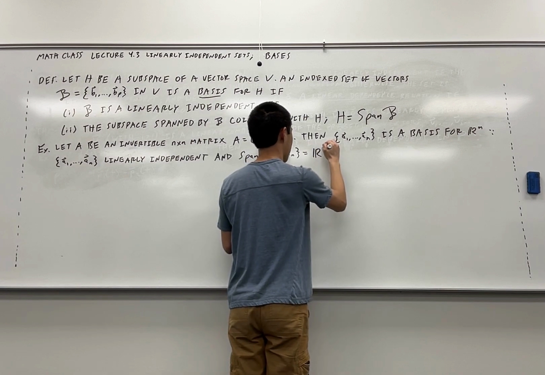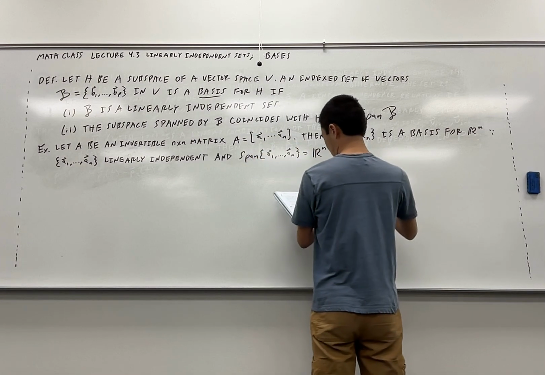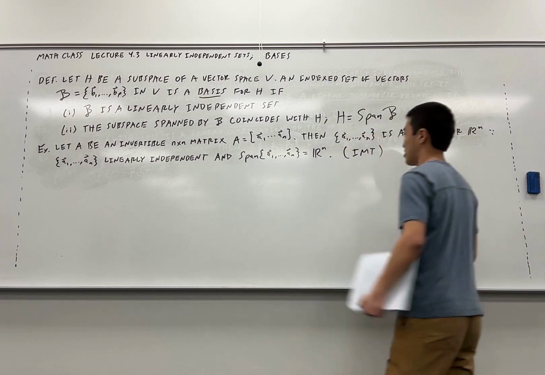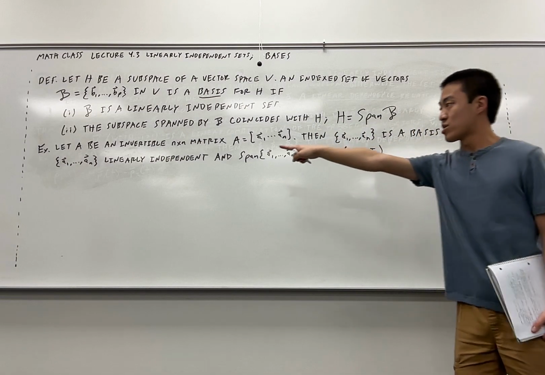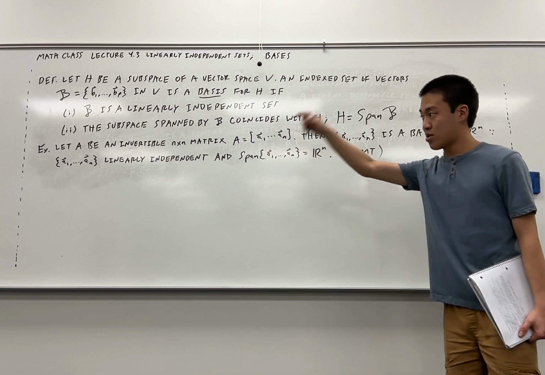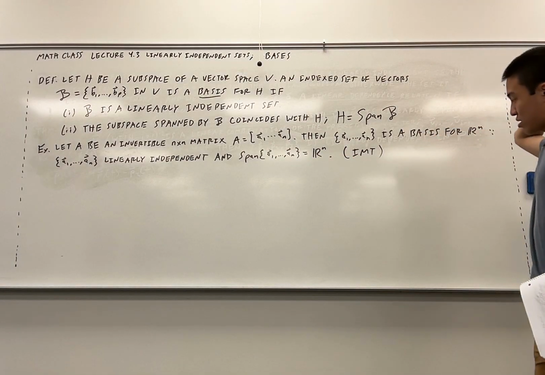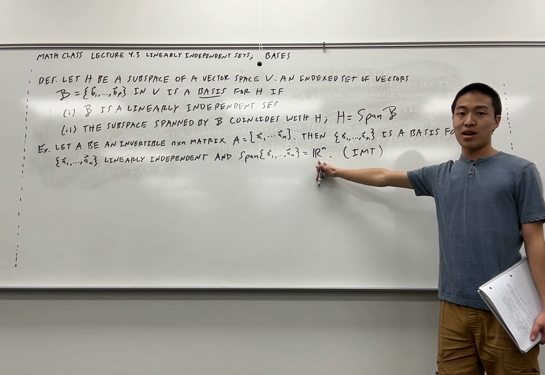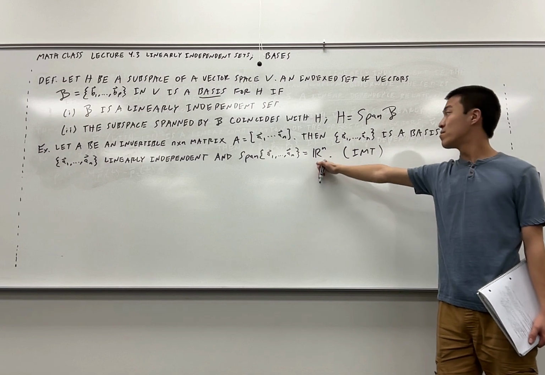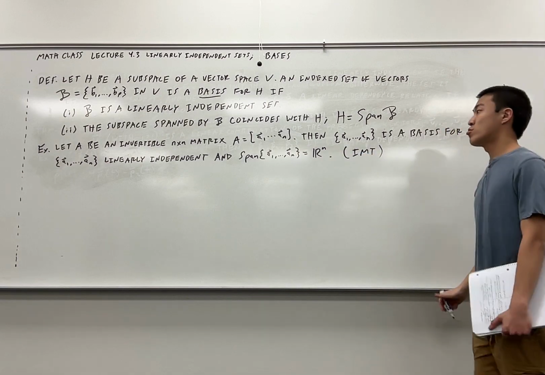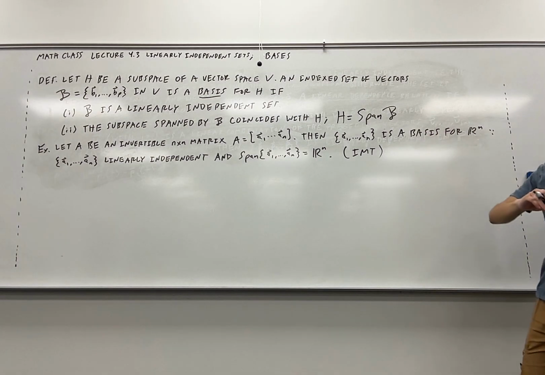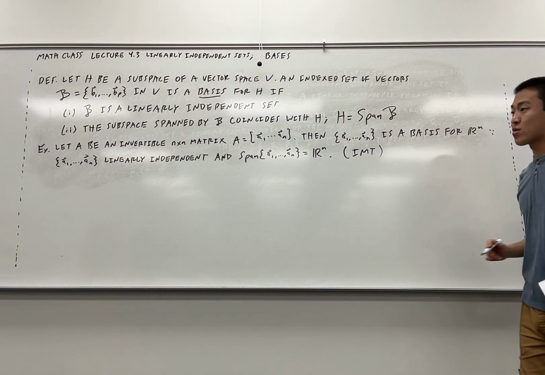And again, this is from the invertible matrix theorem. So both of those are from the invertible matrix theorem. And we see that this subset a1 to an is both linearly independent, and its span generates our desired subspace Rn. Ergo, that set of vectors, those column vectors, are definitionally a basis, one of infinitely many bases for Rn.